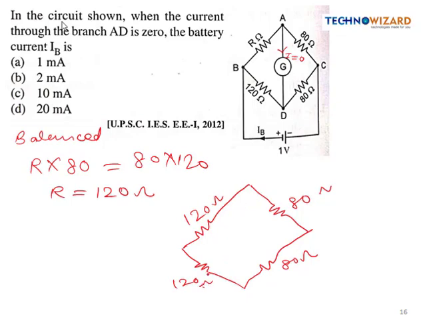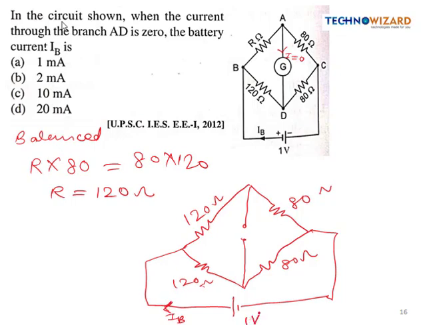Now the current through the galvanometer is 0, it means this is an open circuit, no current will flow, right? And now the battery is like this. I think they have misprinted the battery polarity, because this is positive, so this must be longer, right? So this is IB, the current whose value we have to calculate, and this is 1 volt.